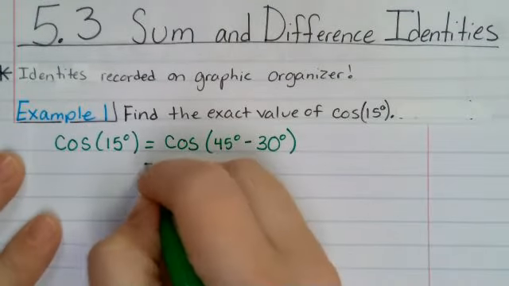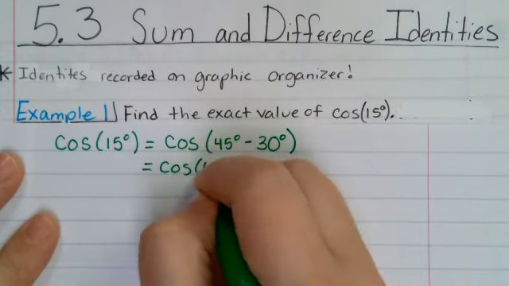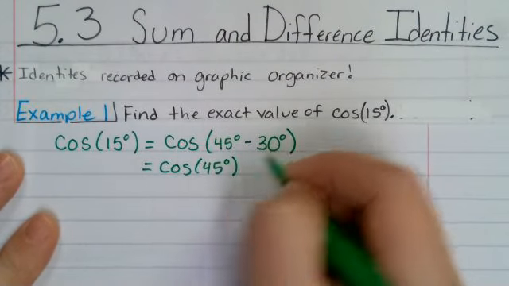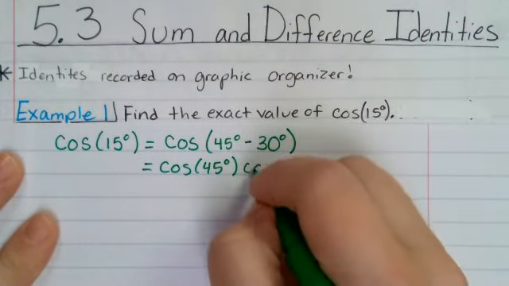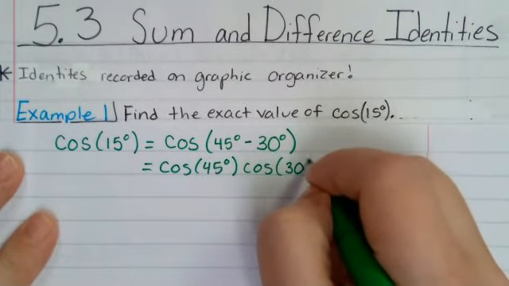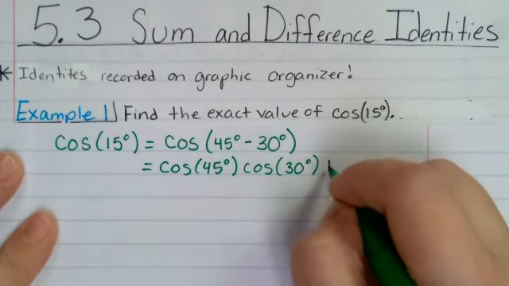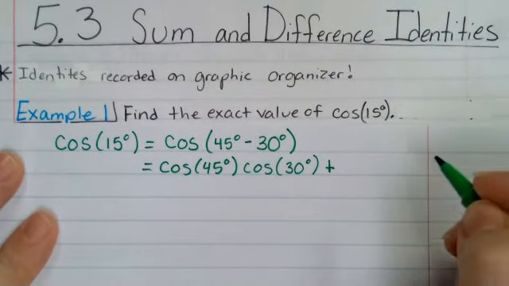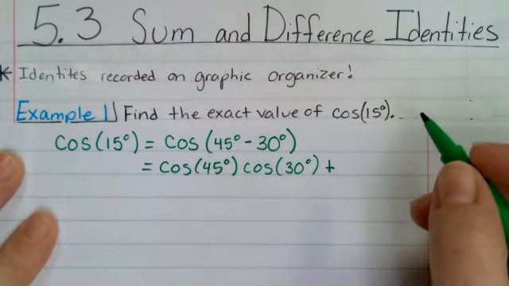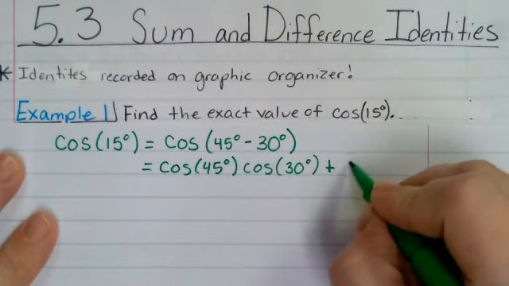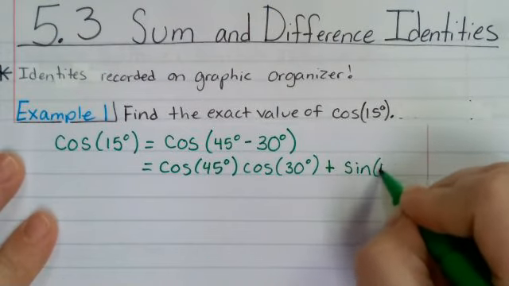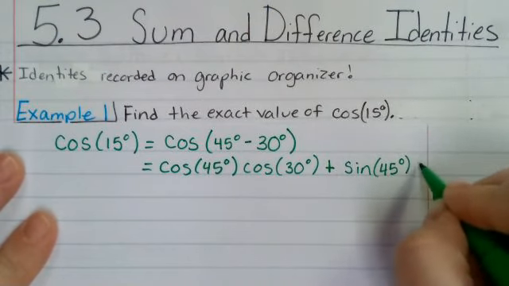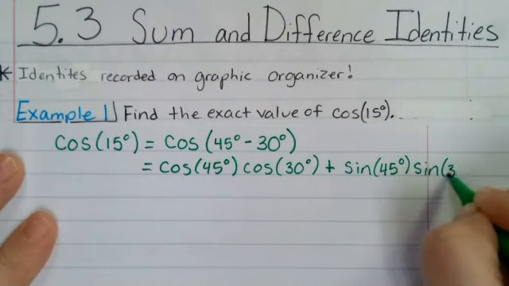So we're going to have here cosine of 45 times cosine of 30. Again, it's the opposite sign from what we want it to be for cosine. It's a little weird. Plus, and we're going to do sine of 45 times sine of 30.